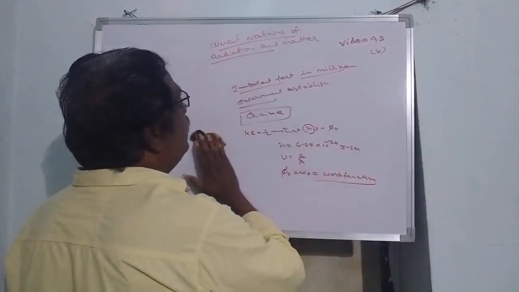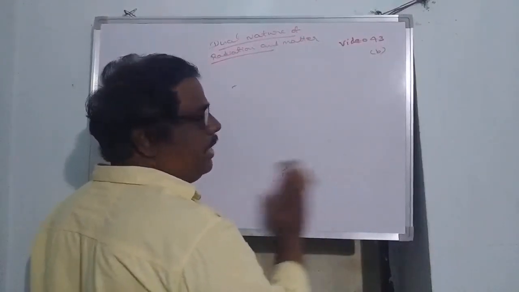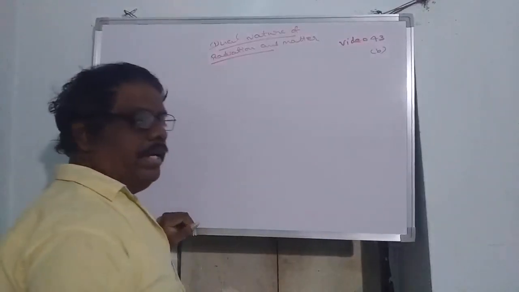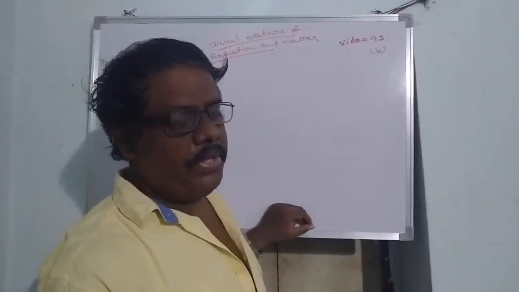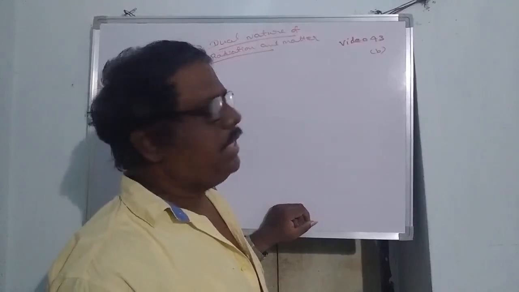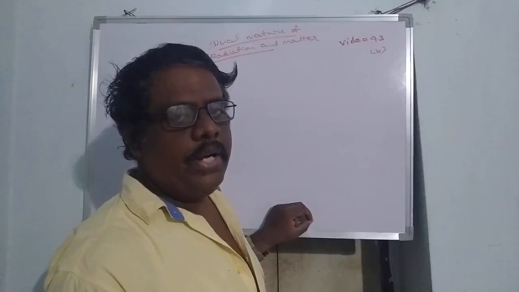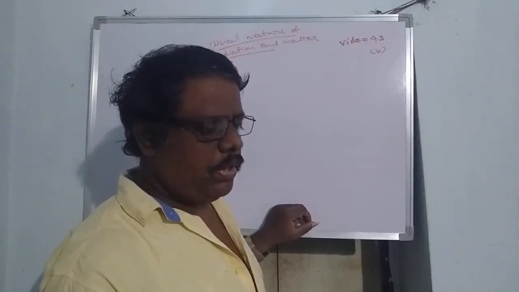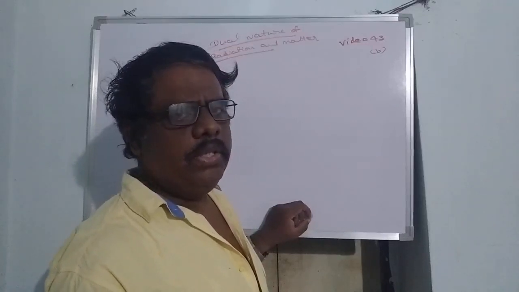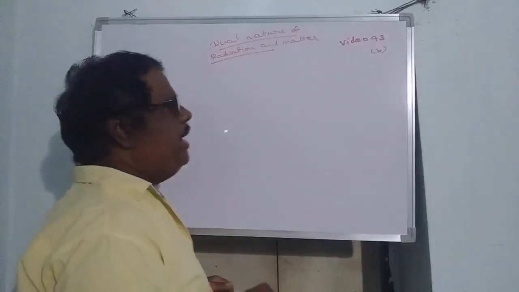Why dual nature? Because particles and photons may show wave nature as well as particle nature. That's why it is called dual nature. The next topics will start with another lesson. Because all lessons have already been covered in the previous classes, we are repeating the important topics.